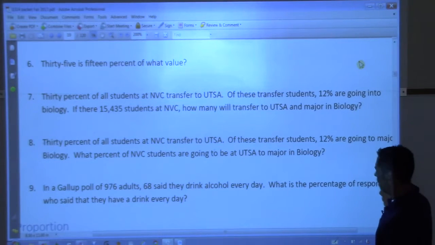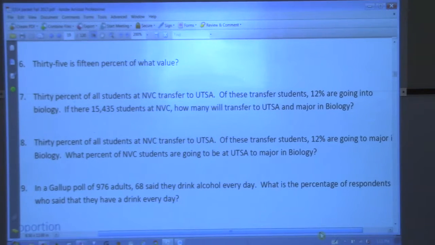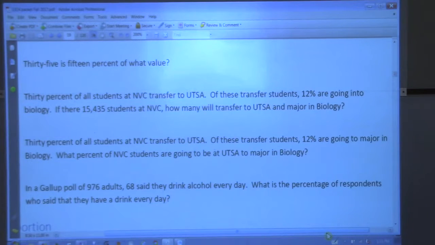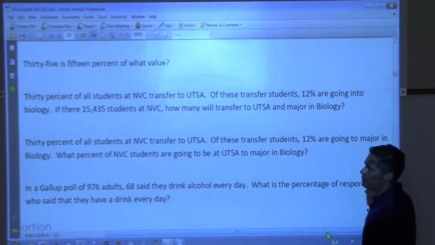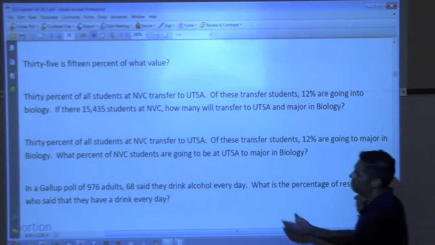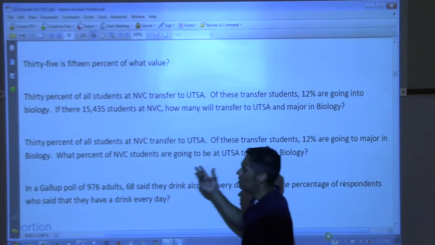All right, so is number 8 the same problem? Yeah, just minus the amount of students. It's not the same problem. We have to be careful here. 30% of all students transfer, right? Okay, so that's the same. Of these, 12% are going to major in biology, right?